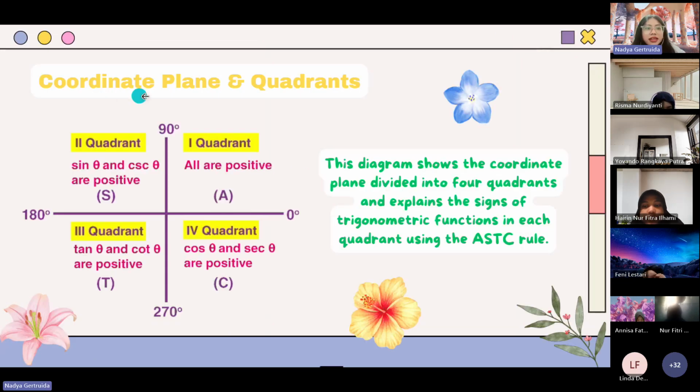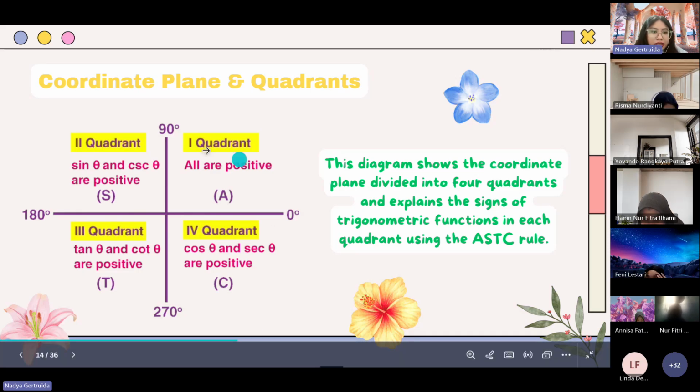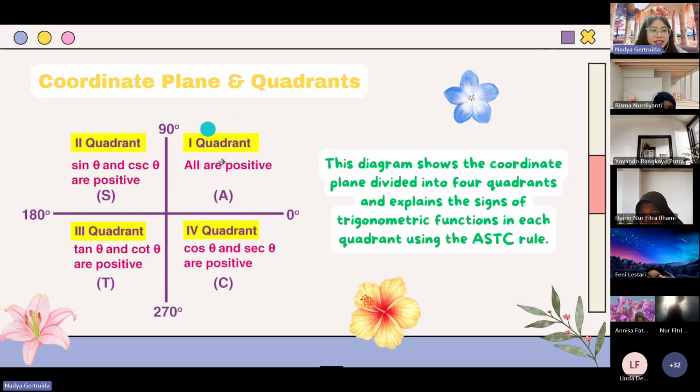Okay, next we move to the coordinate plane and quadrants. This diagram shows the coordinate plane divided into 4 quadrants and explains the sign of trigonometric functions in each quadrant using the ASTC rule. In the first quadrant, all are positive, which means that sine, cosine, tangent, cosecant, secant, and cotangent values are positive.